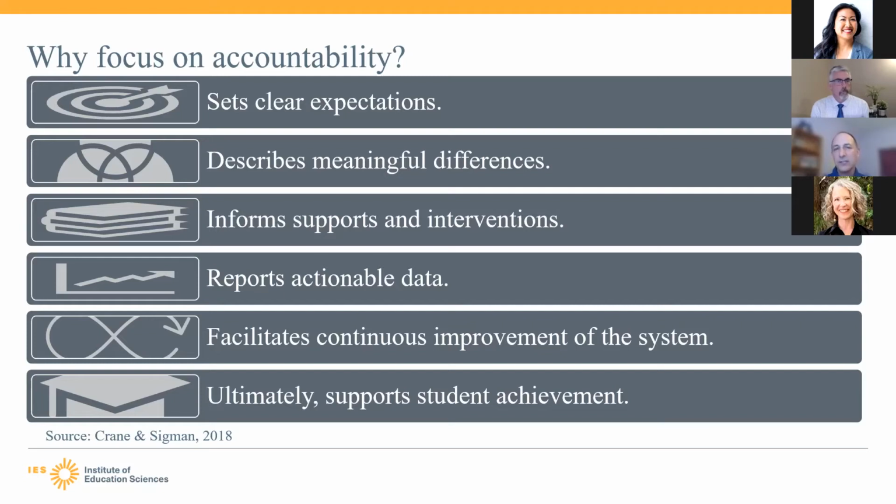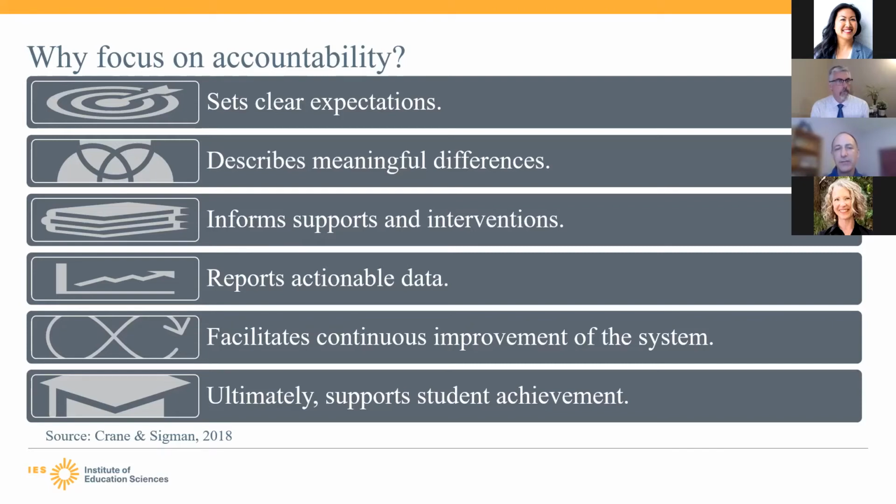Accountability sets clear expectations for performance. It can help to describe and define meaningful differences in performance. It lets us know what schools or student groups within schools need support and interventions. It presents and produces data that we can use to motivate action.